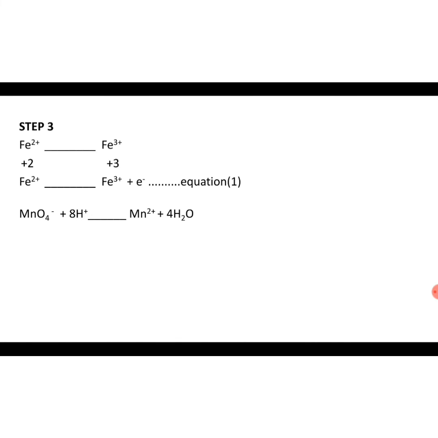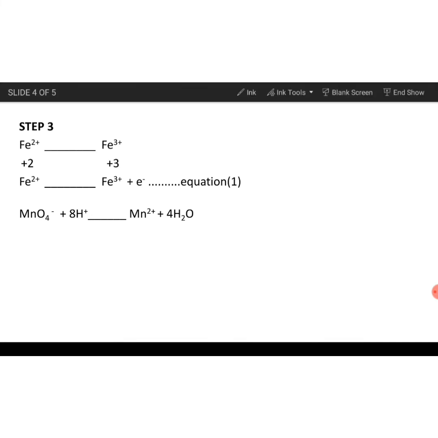Now looking at the reduction half equation, we have to be very careful because we have introduced some species and also balanced them atom-wise. So let's see. For our manganese oxide, we have it to be -1, and our hydrogen ion, which is supposed to be +1, is now +8 because we introduced 8.